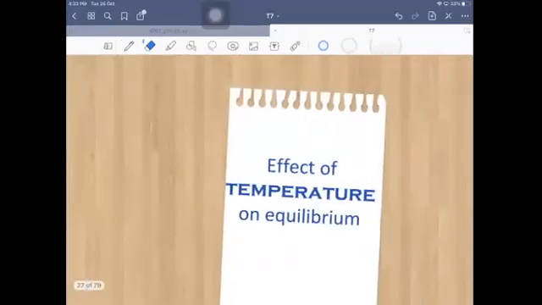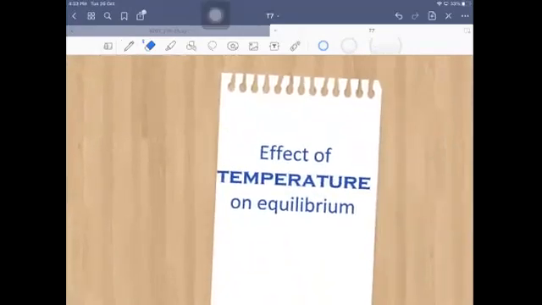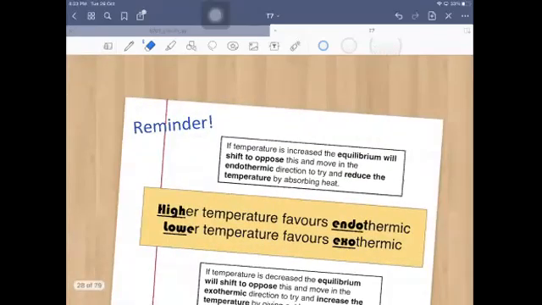Moving on to the next change in condition, the effect of temperature on equilibrium. Temperature is a little bit tricky because of the endothermic and exothermic, but once you get the hang of it, you should be able to work it out.